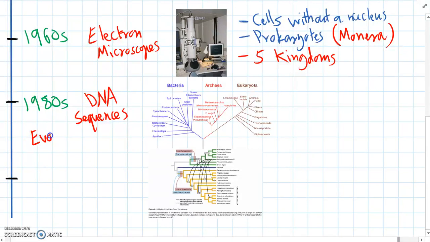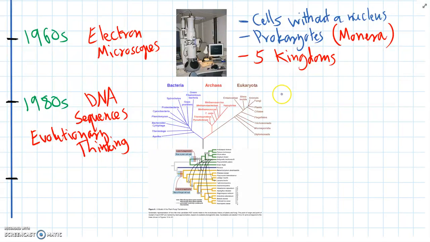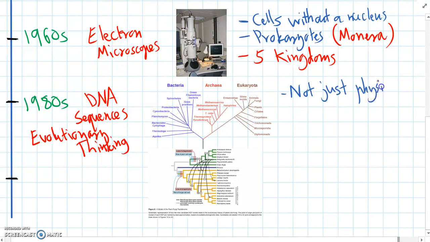And they started thinking in a way called evolutionary thinking, which means we wanted to think about not just the physical features as a way of classifying the living things, but we wanted to look at how closely related are species.